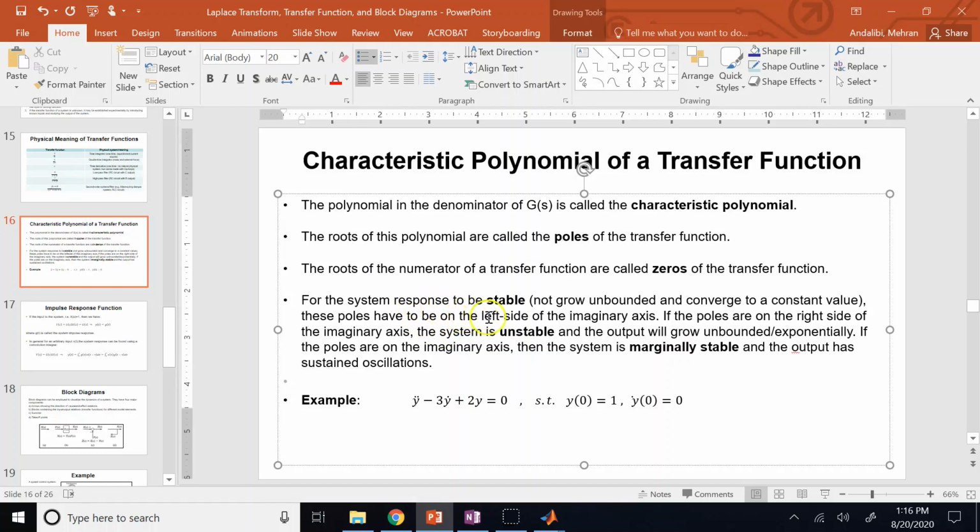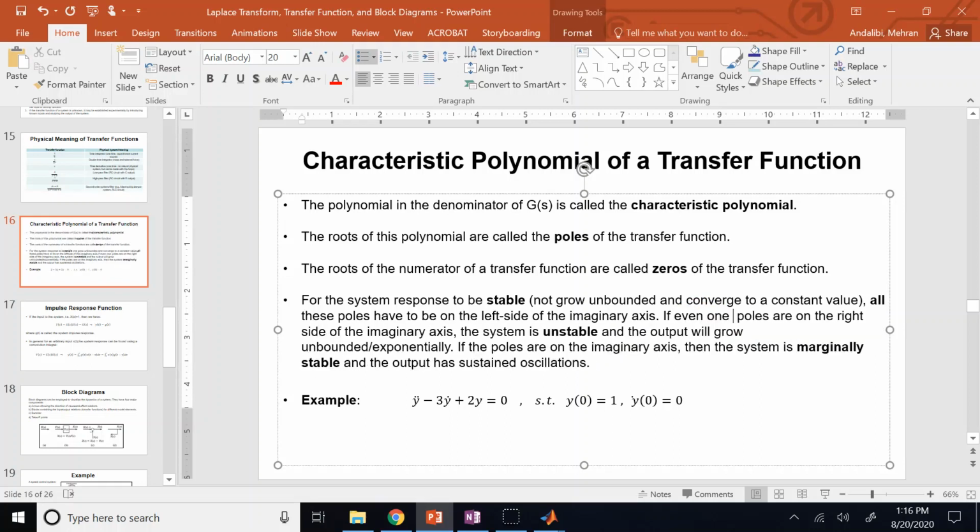So for the system to be stable, all these poles have to be on the left hand side. If even one of these poles, even one, is on the right hand side, the system is unstable.